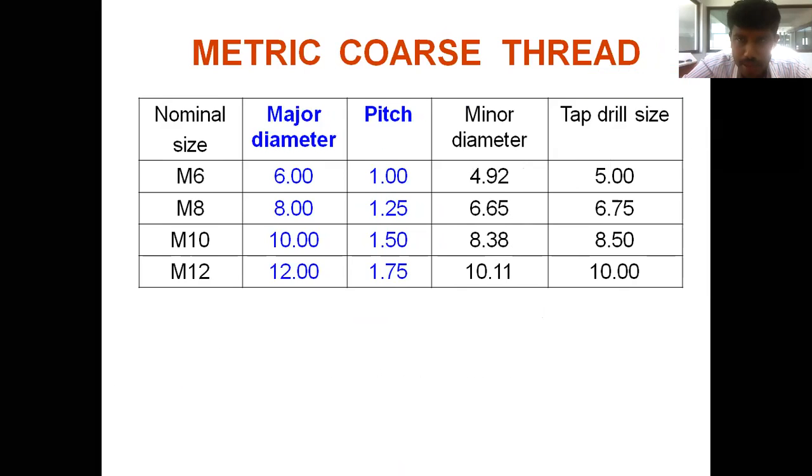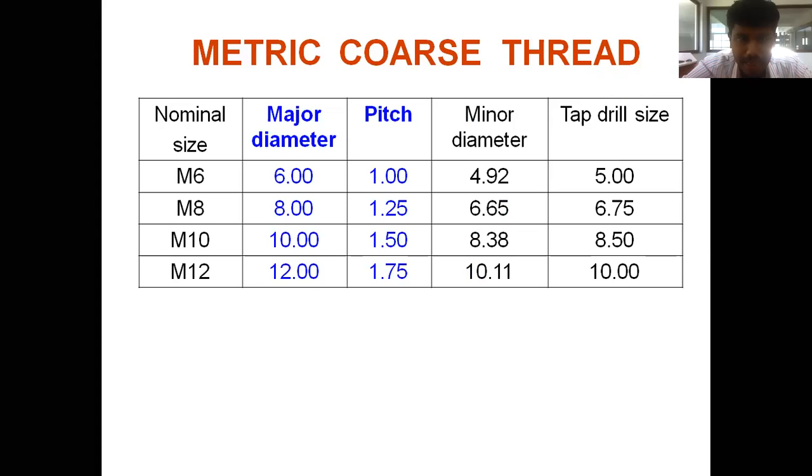So this table shows the nominal diameter of metric coarse threads. So here M6. When you go to the shop, you'll be calling the names, give me an M6 thread. Thread of M6, M8, M10.